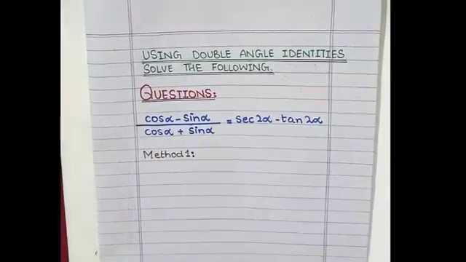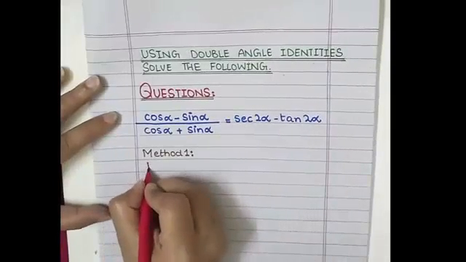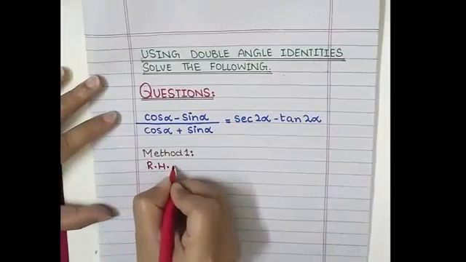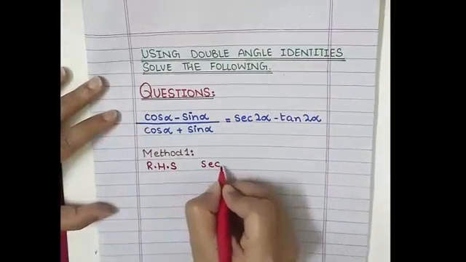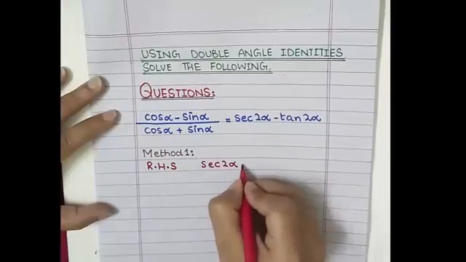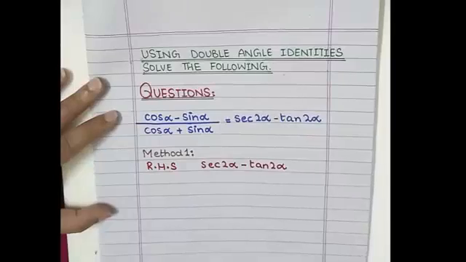Method number 1. First we will take the right hand side. The right hand side is secant 2 alpha minus tan 2 alpha.